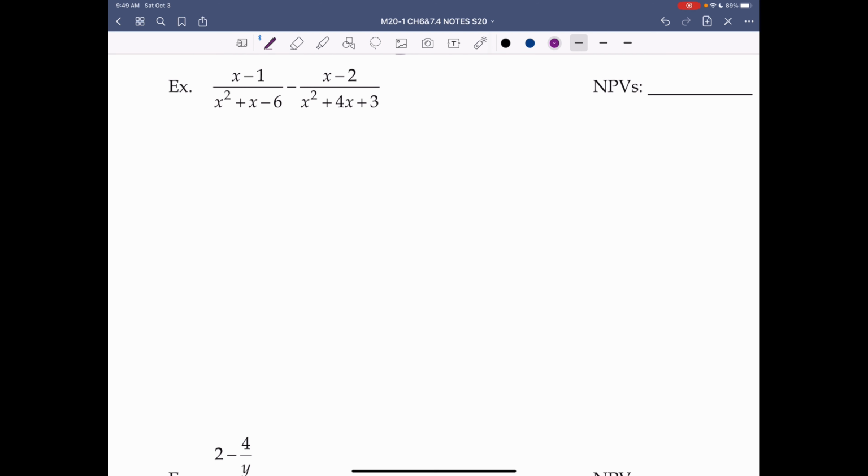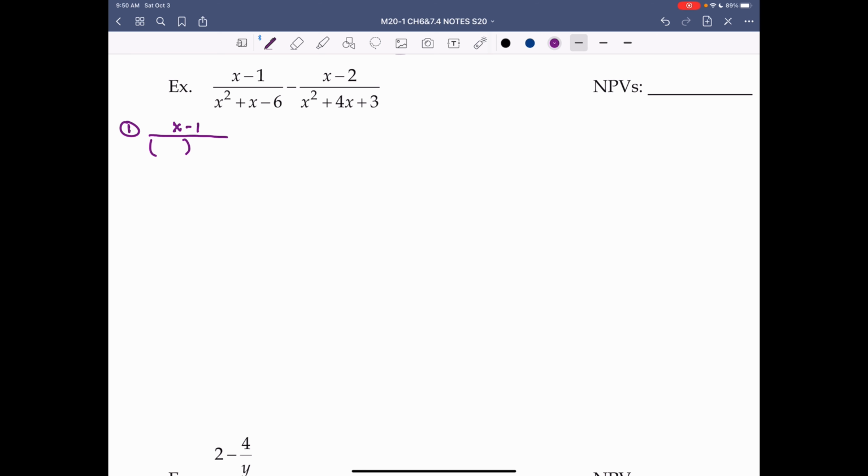x minus 1 over x squared plus x minus 6, minus x minus 2 over x squared plus 4x plus 3. Let's start with factoring. x minus 1 over x squared plus x minus 6. It's a basic trinomial, two numbers that multiply to negative 6 and add to 1.